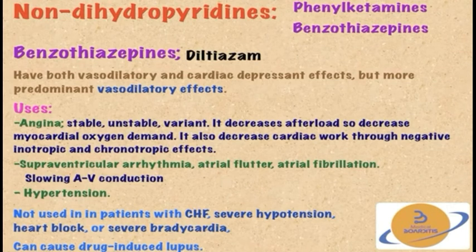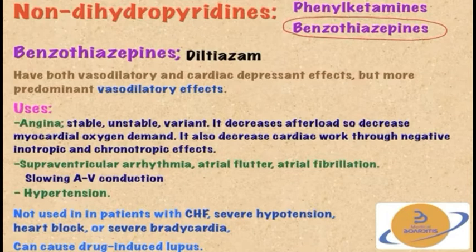And next we see the alpha 1 adrenergic receptor antagonists. These alpha 1 adrenergic receptor antagonists cause vasodilation, thus decreasing the total peripheral resistance.